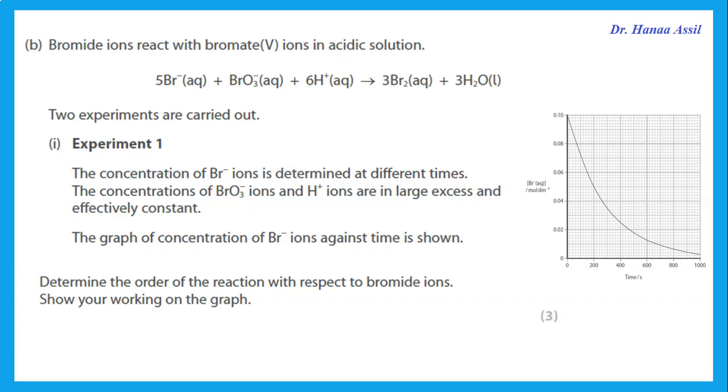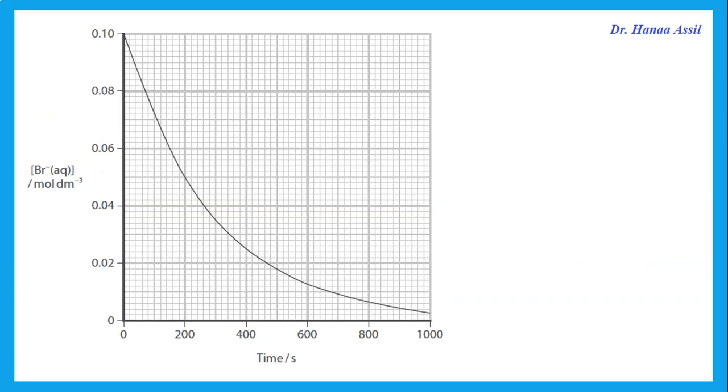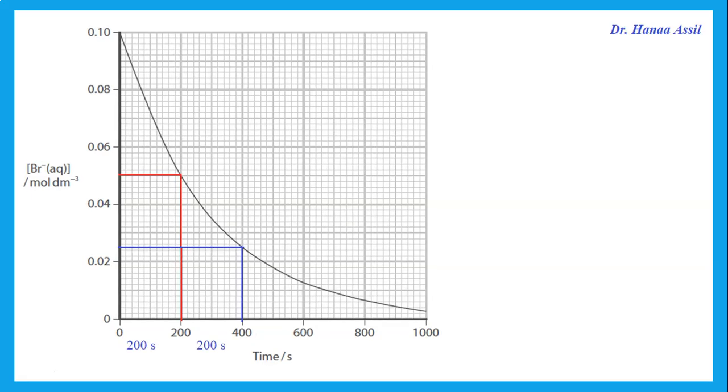Determine the order of the reaction with respect to the bromide ions. Of course, if we're given the graph and we want to know the order, then we take a look at the half-life. Half-life means the time taken for the concentration to become half. So from 0.1 to half of that, 0.05, it took 200 seconds.